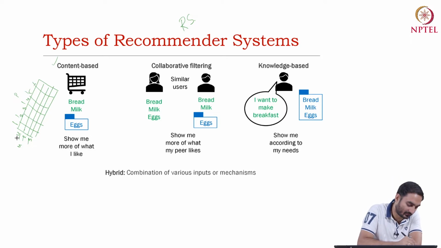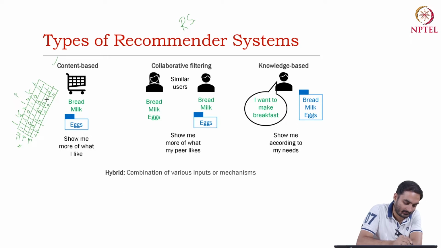If this user has purchased this product, you can write 1, otherwise 0. In fact, you can also write integers which indicate the number of purchases. Let us say it is binary, something like this.